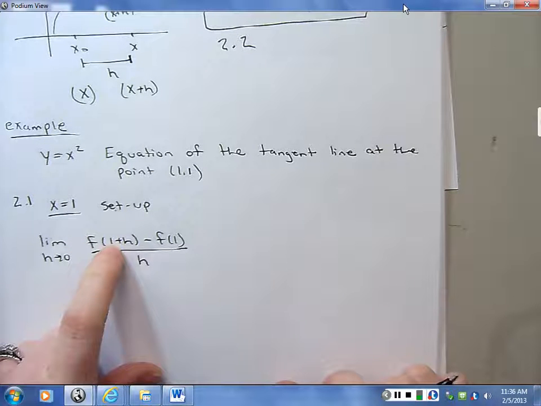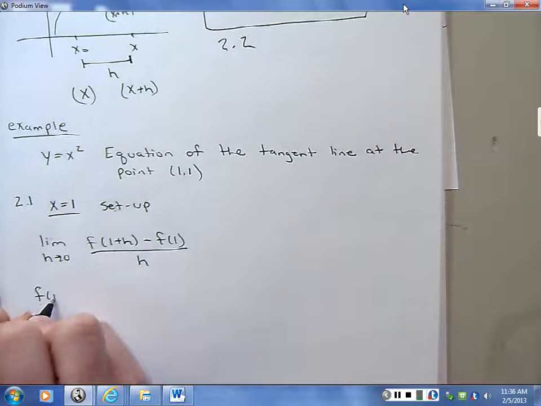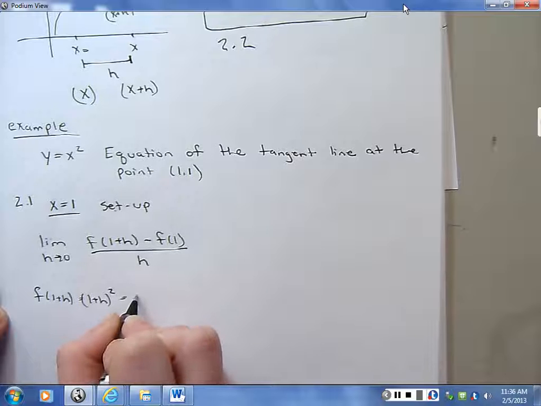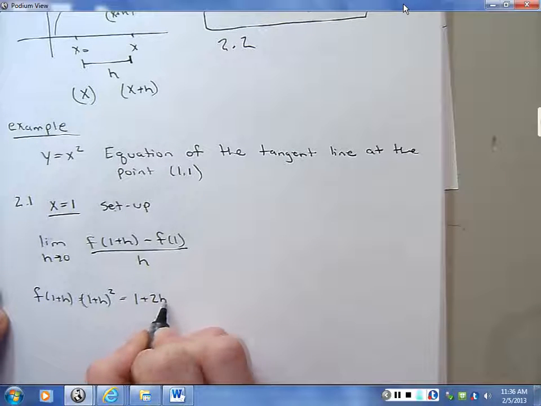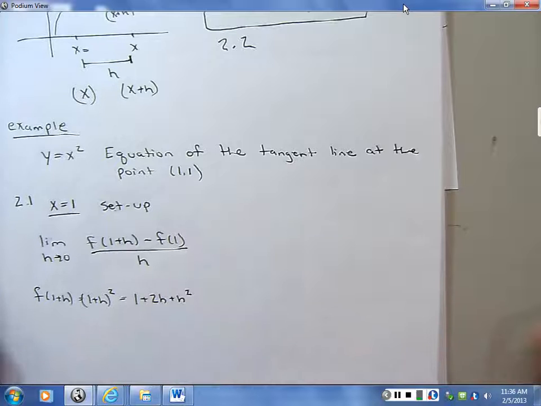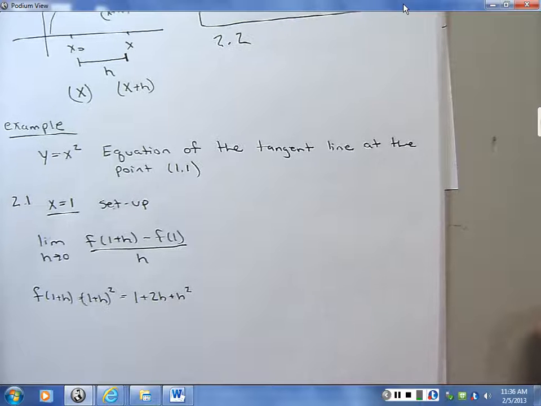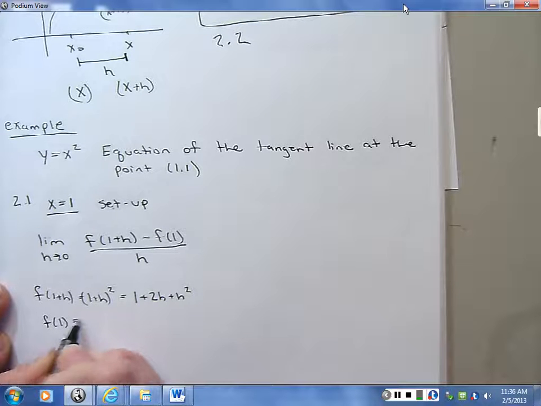So f of 1 plus h, if I plug that into my function, would be 1 plus h squared, which would be 1 plus 2h plus h squared. Look, you guys did that one on your quiz, right? It was x plus h instead of 1 plus h. F of 1 would be 1 squared, which is 1.